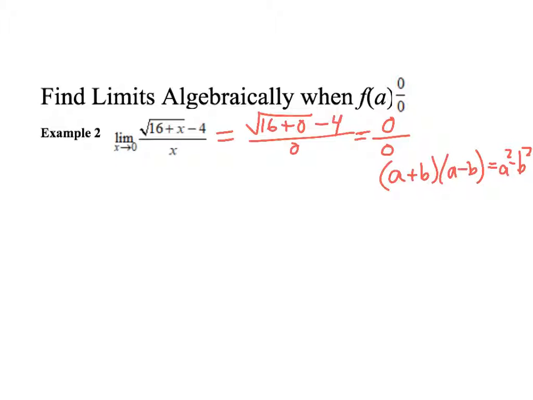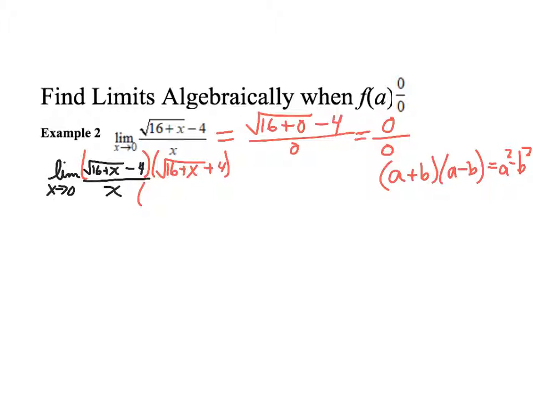I rewrote that so that I have more room to show here, and we are now going to multiply the top and the bottom by the conjugate, which means we're going to leave the square root the way it was, and this was a minus 4, so we're going to put a plus 4.